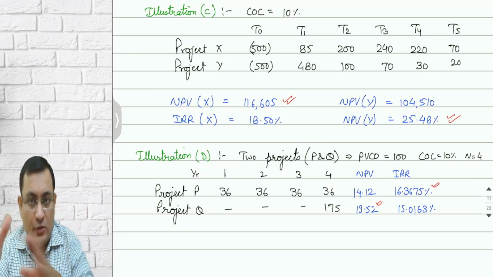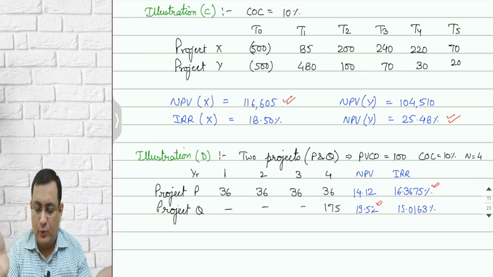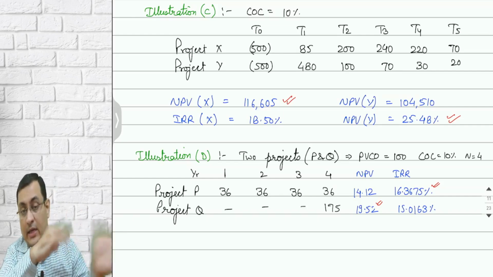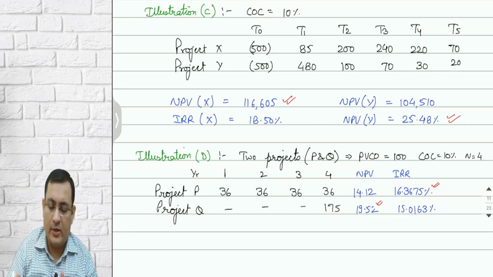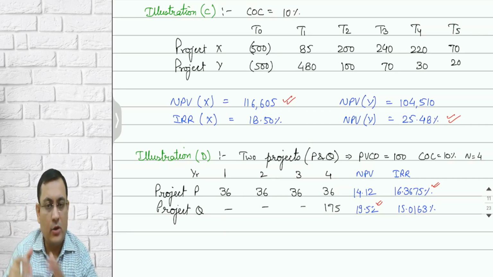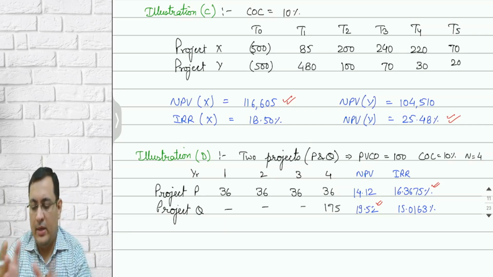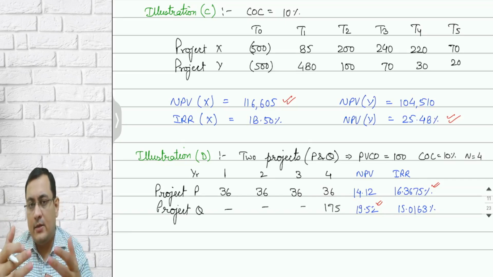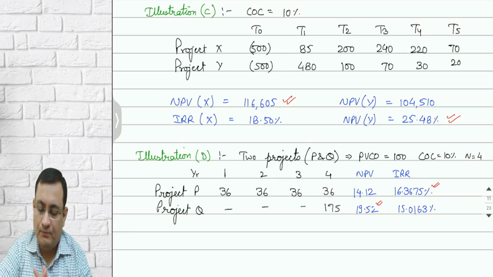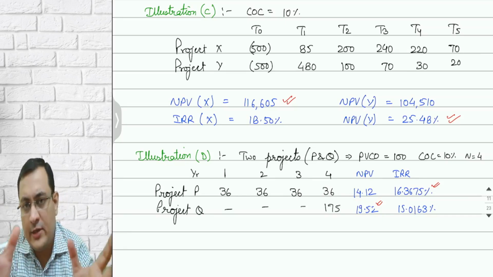Given the fact that COC is available and both projects are giving positive NPV, both are giving IRR more than COC, after understanding the reinvestment assumption problem, we will select project Q because it is generating higher NPV. We will ignore IRR in this case. Now let's take a situation where COC is not available.